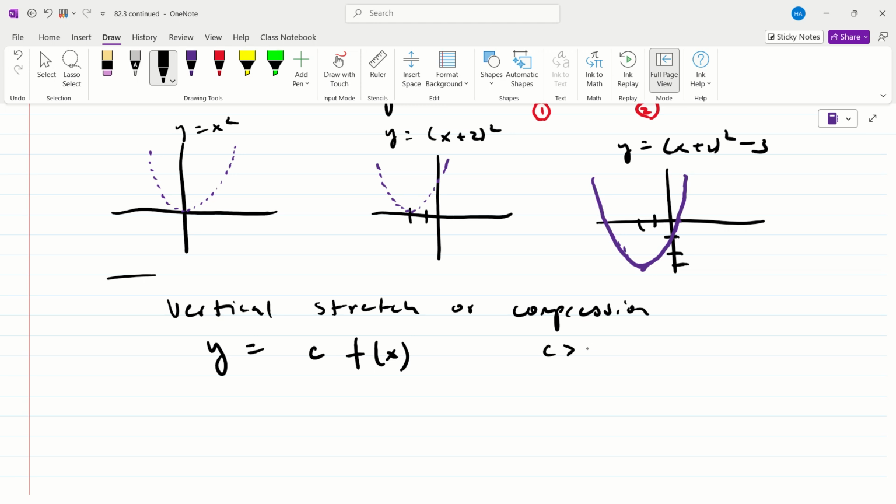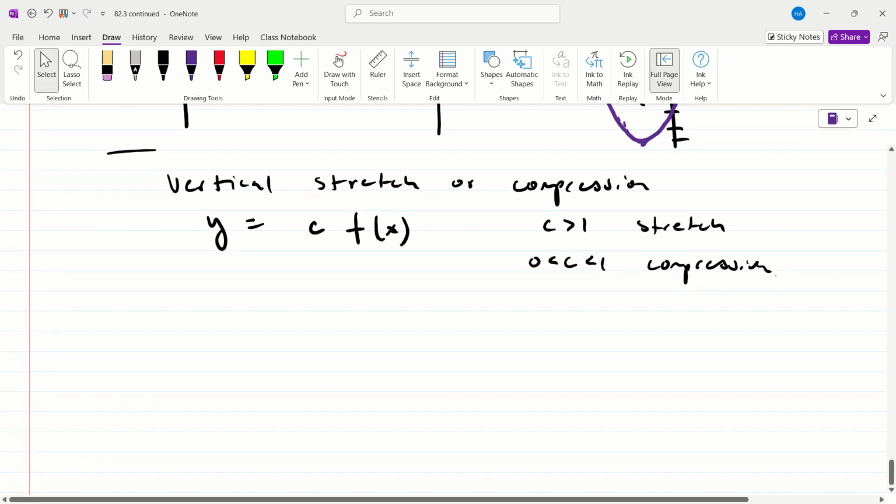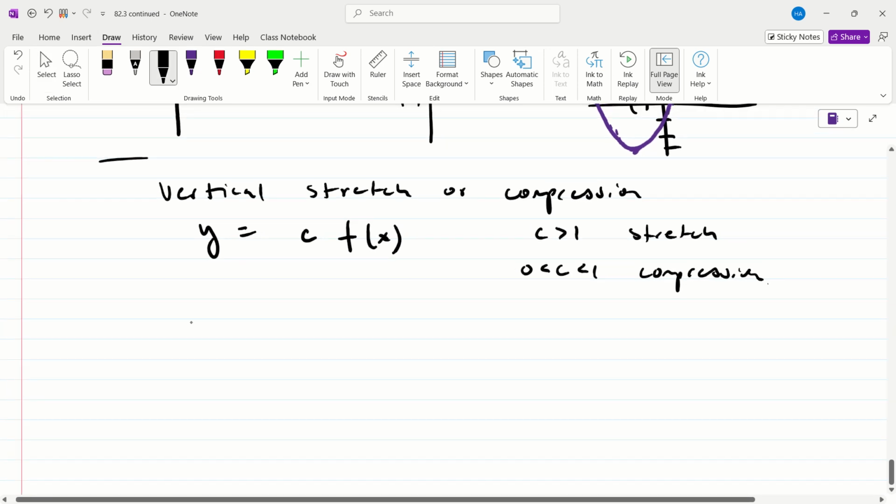When the value of c is greater than 1, we're going to have a stretch. When the value of c is between 0 and 1, we're going to have a compression. Consider the graph of y equals 3x squared.